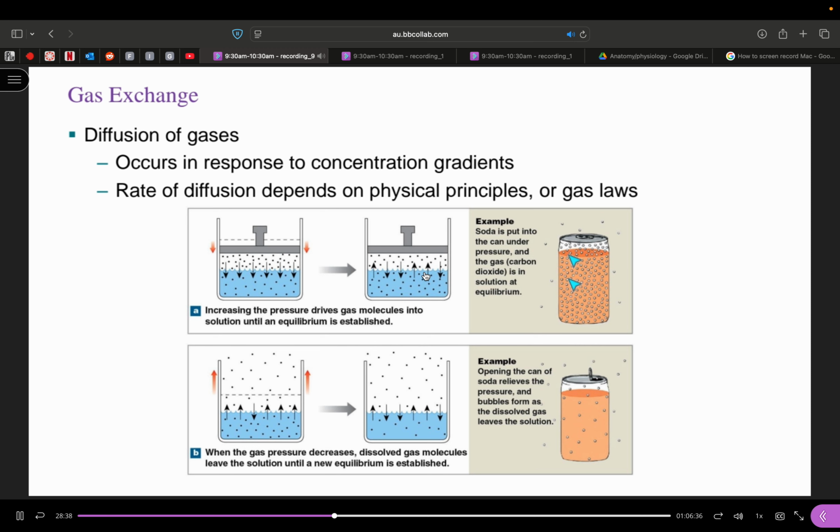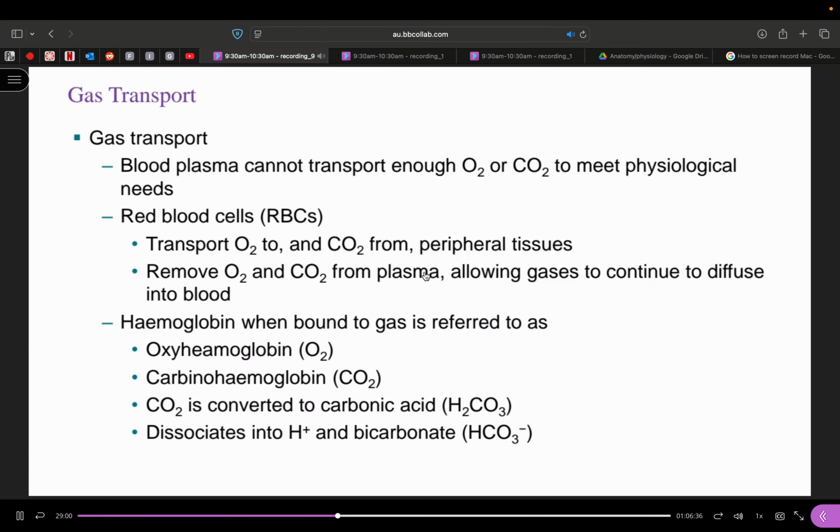It basically will be distributed around so that it's at equilibrium. The moment you pop that can of pop, a lot of the gas will escape out, basically due to the actual pressure. Once the pressure is decreased, the gas isn't under pressure anymore, and it can escape. Your lungs essentially do the exact same thing.